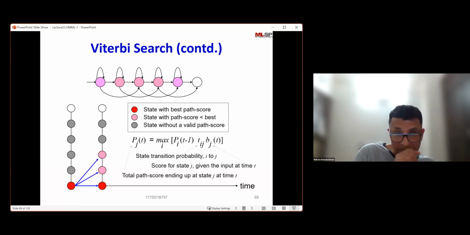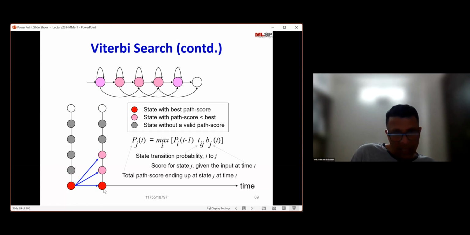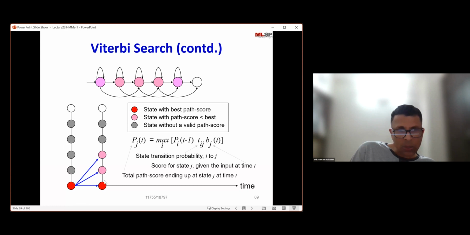Then at the next time, for having assigned a best path probability to all of these states, I can go up to the next time and compute the best path probability to all of these states. And in so doing, for each state, I'm also going to know the best predecessor. So I can keep track of the best predecessor and find the best path probability to the state.